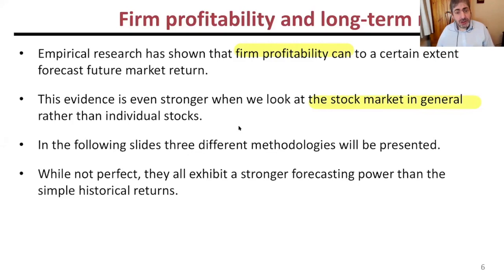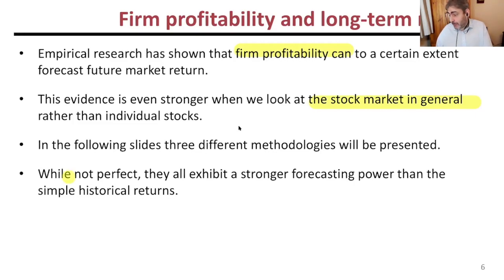The CEO changes, the business model changes, the company becomes smaller or larger. But when you look at a portfolio with 6,000, 5,000, or 2,000 stocks, depending on the country, it becomes easier to look at the link between the profitability of all the companies together and the return of the stock market together.